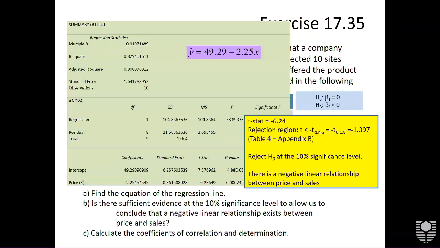So the decision: reject at 10% significance level, because T falls in the rejection region. That's model 5. There is a negative linear relationship between price and sales. Because the null hypothesis says there is no linear relationship, but we want to test or predict that there is negative association, which is the alternative hypothesis. Right?